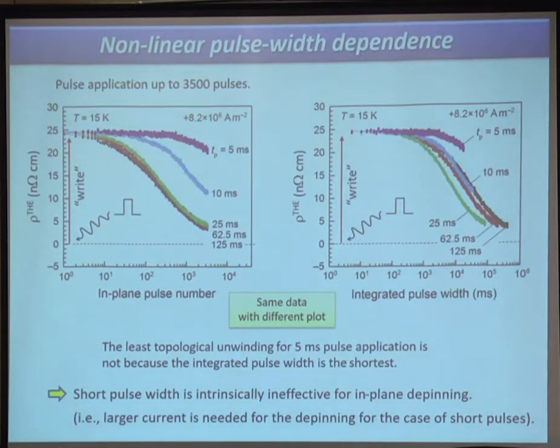Please note that the least topological unwinding for the 5 millisecond pulse application is not because the integrated pulse width is the shortest. In fact, if we plot the same data as a function of integrated pulse width, we find that the short pulse application still exhibits the least topological unwinding. This means the short pulse width is intrinsically ineffective for influencing the Skyrmion strings. In other words, a large current is needed for the case of short pulses.